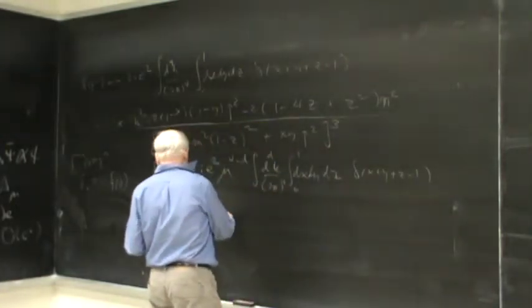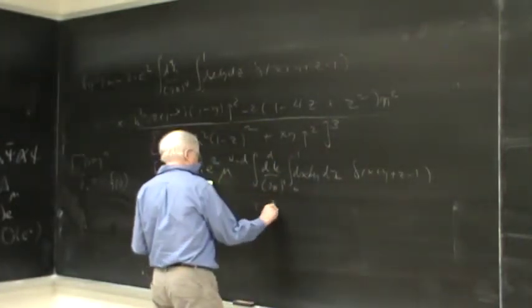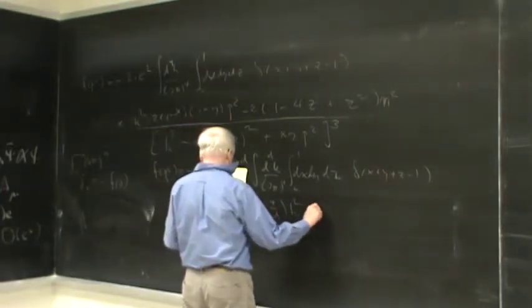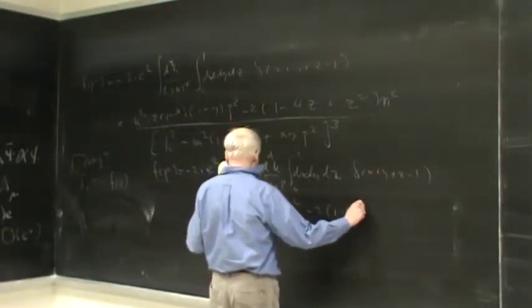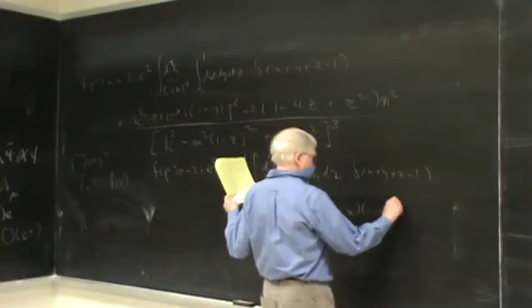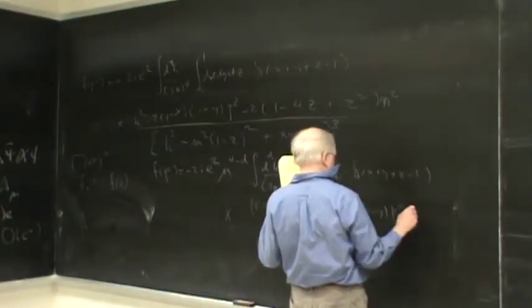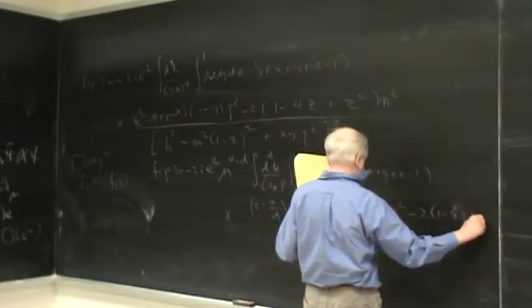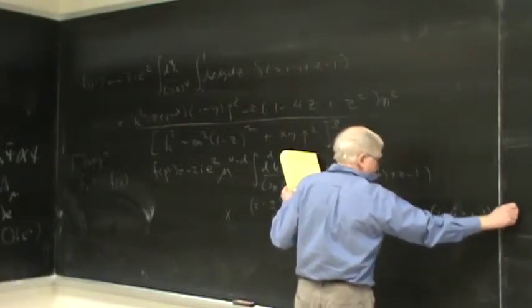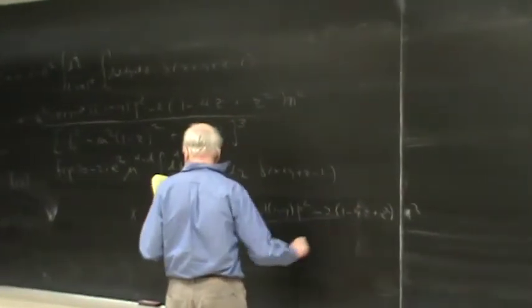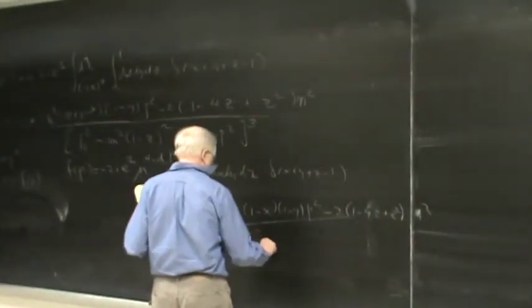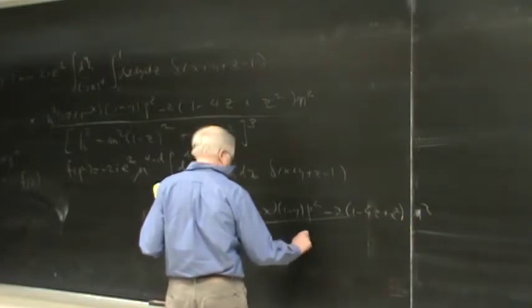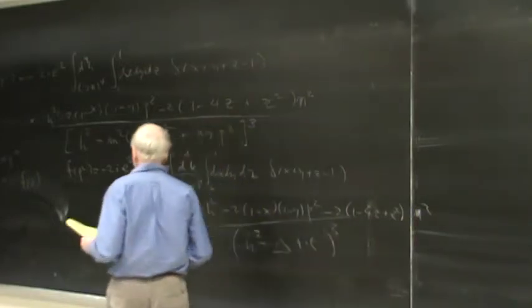And what's left is 2 minus 4 over d k squared minus 2(1 minus x)(1 minus y) p squared, well, you can just read it off from that, minus 2(1 minus 4z plus z squared) m squared, and all that divided by k squared minus delta plus i epsilon cubed.